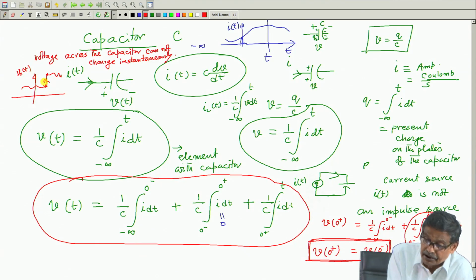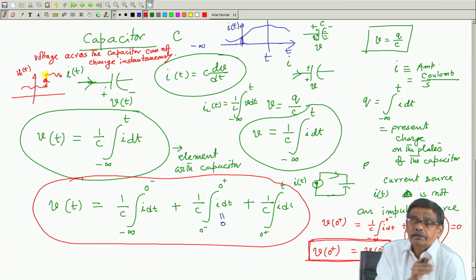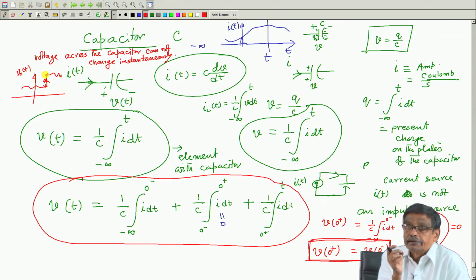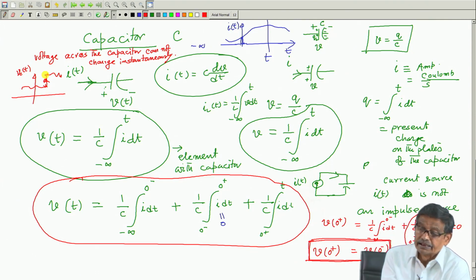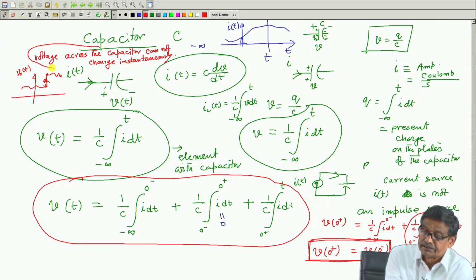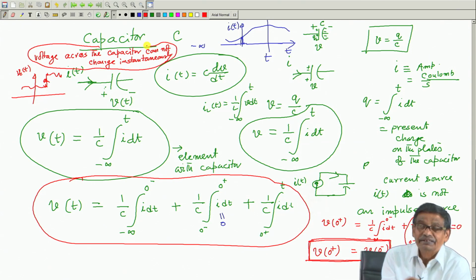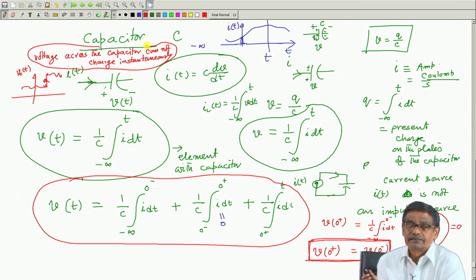No, a sharp jump, vertical line will not be present in a capacitor, as sharp rise in current in an inductor will not be present. Therefore, we say that voltage across the plate of the capacitor cannot change instantaneously.